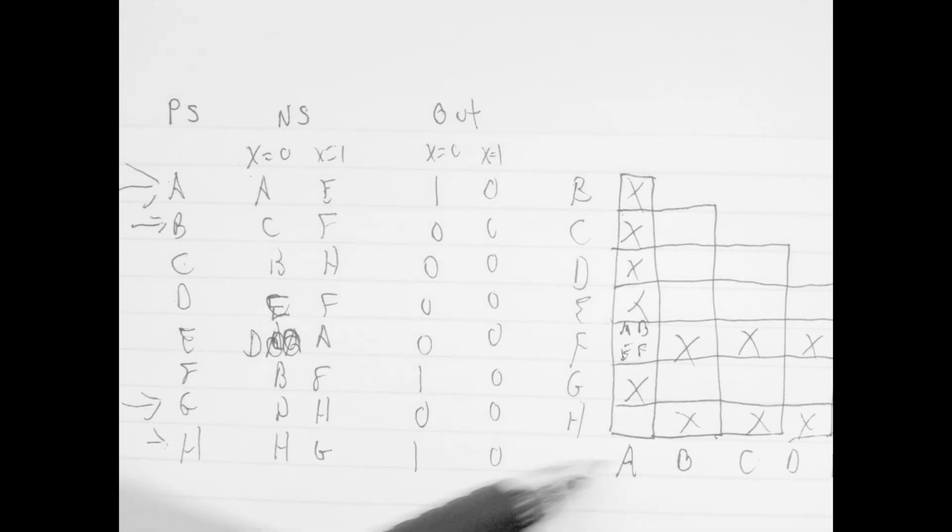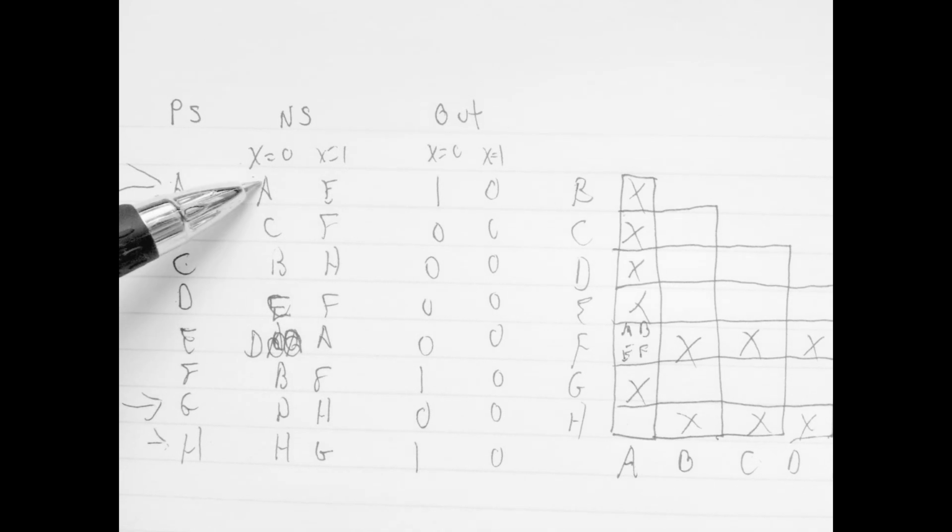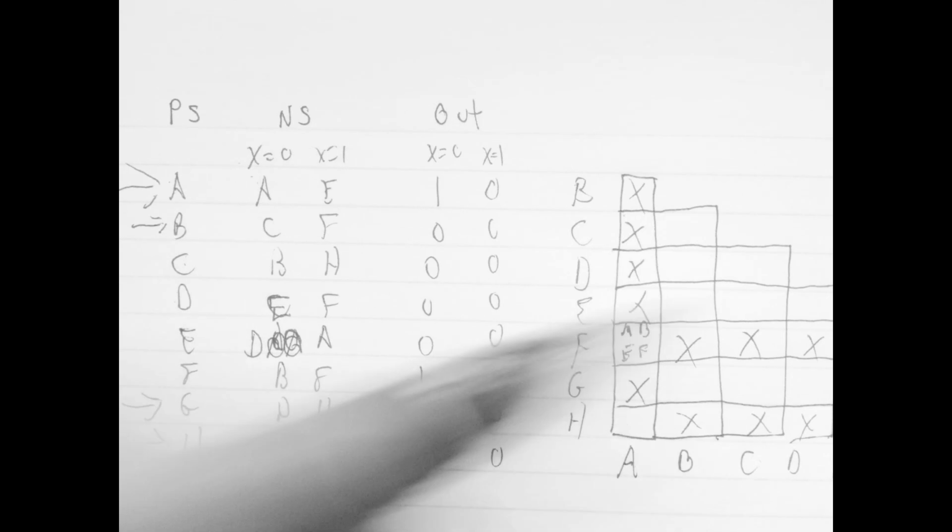When you want to go from A to H, we see over in here A and H, so it's A, H, E, G. But AH is already part of the transition in going from A to H, so we don't put that in again. Instead, we leave in only EG.